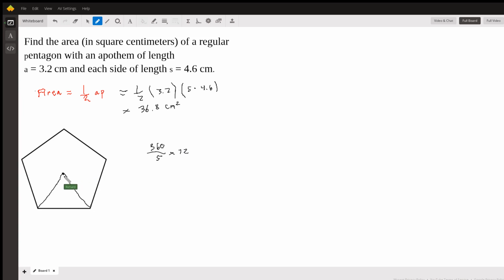And now I'm going to drop the perpendicular. This is our apothem here. But let's pretend we didn't know what an apothem is. So that 72 is cut in half, so it's really 36 here. These 2 triangles are congruent.